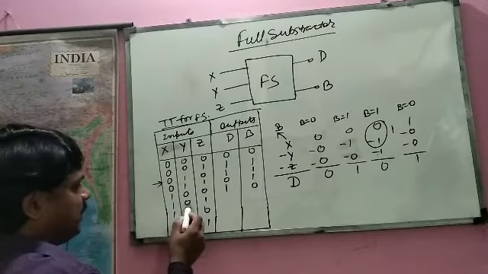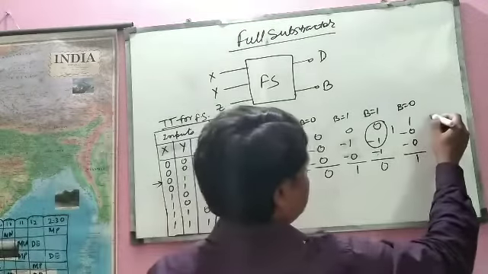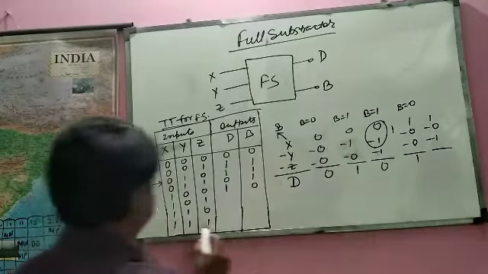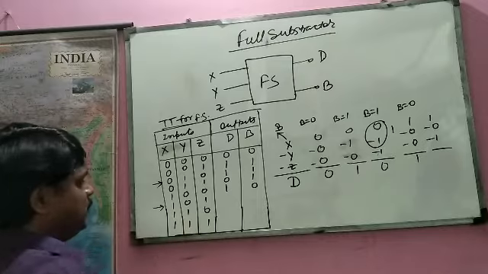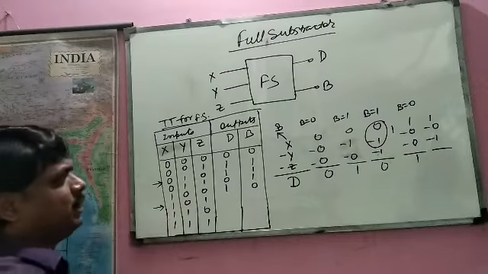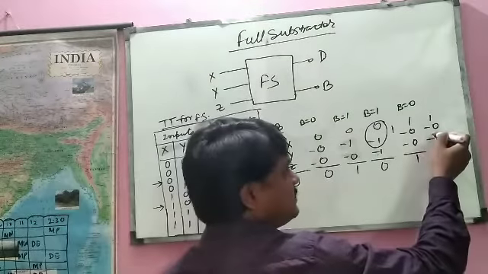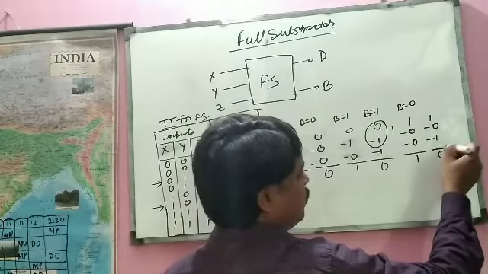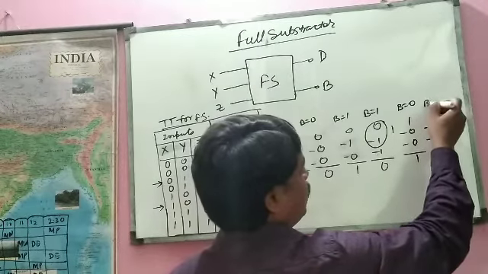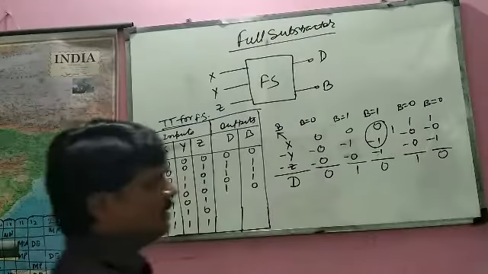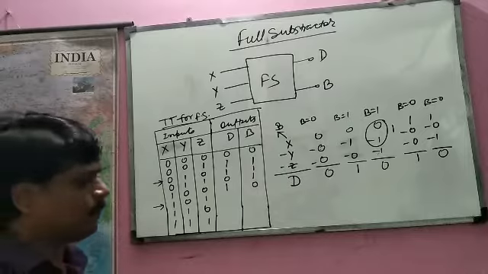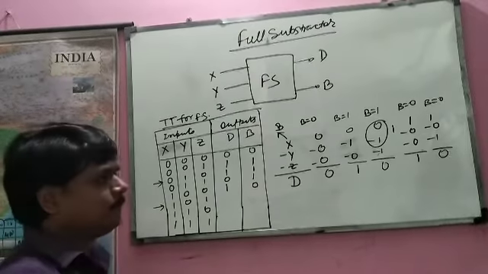Again 1 minus 0 minus 1. Okay, this value. 1 minus 0 is 1, and again 1 minus 1 is 0. So there is no need of borrow and there is no difference.